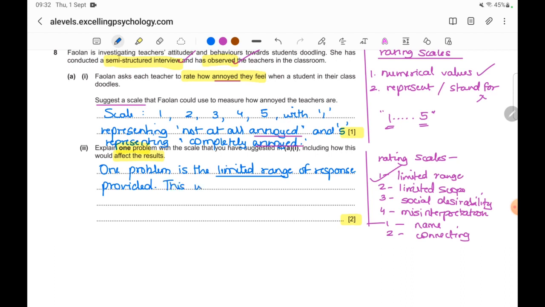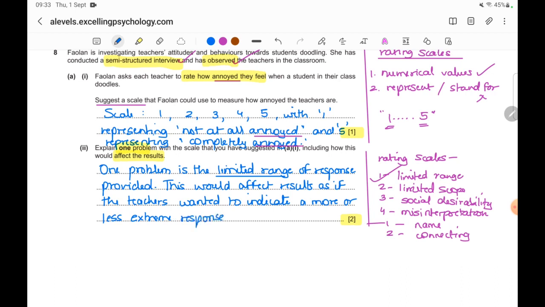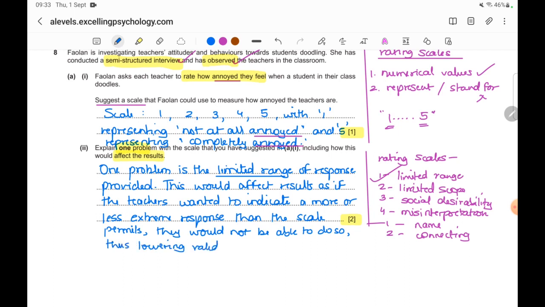This would affect results as if the teachers wanted to indicate a more or less extreme response than the scale permits, they would not be able to do so, thus lowering validity of the findings.